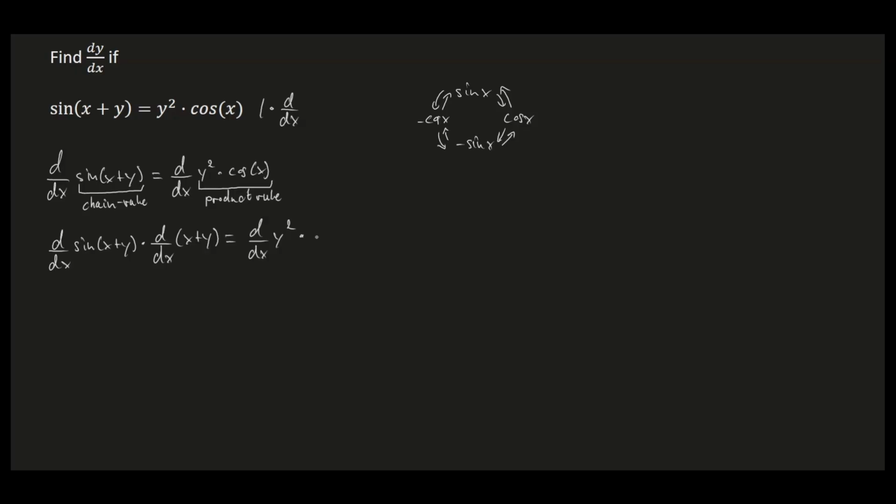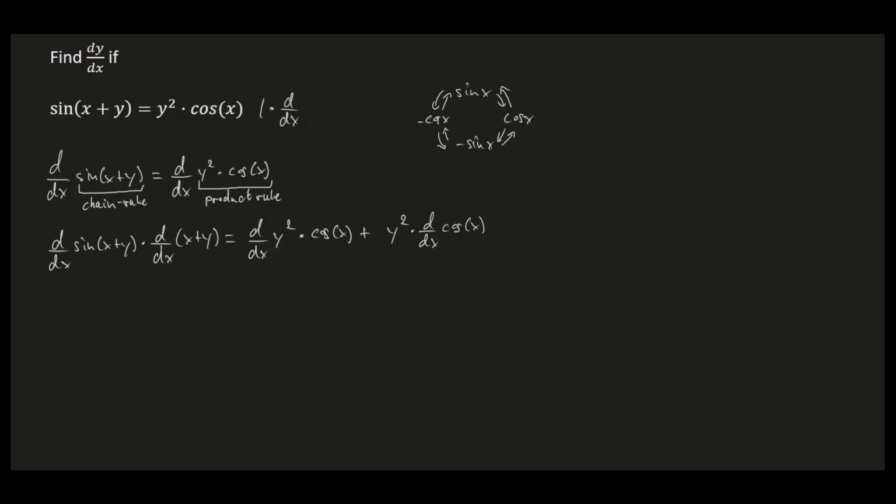It still stays the same, cosine of x, and then we have to add. And now we have to write y squared times the derivative of cosine of x.